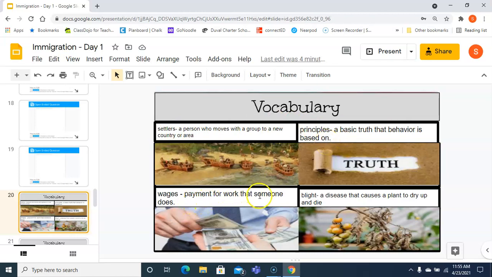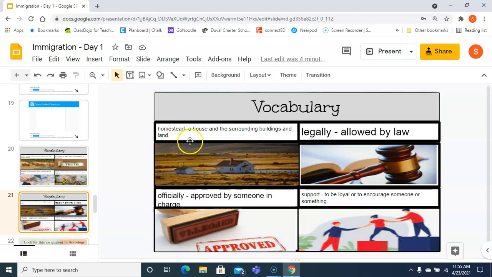Wages, payment for work that someone does. Blight, a disease that causes a plant to dry up and die. Homestead is a house and the surrounding buildings and land. Legally is allowed by law. Officially is approved by someone in charge. Support is to be loyal or to encourage someone or something.